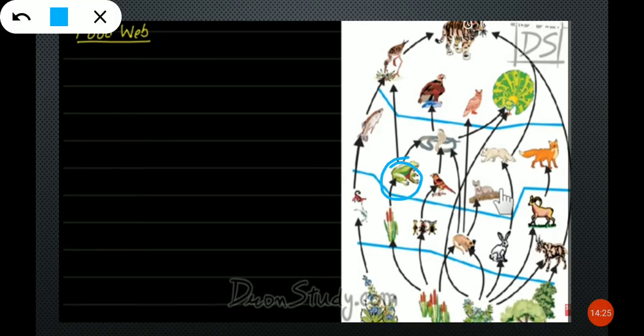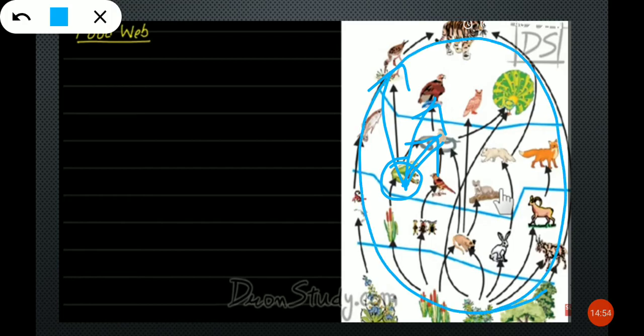Frog is eaten by a snake, but frog is also eaten by an eagle, some other bird. So there are so many ways to eat other animals. That is the reason these are all interlinked food chains. So this system is called what? Food web. Very good.